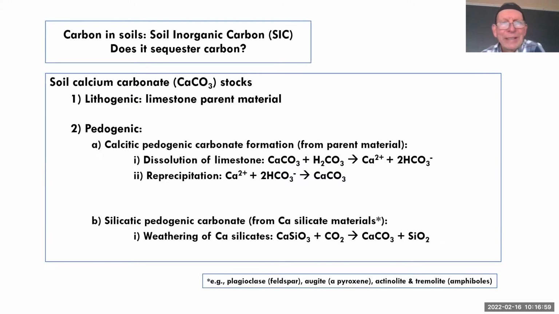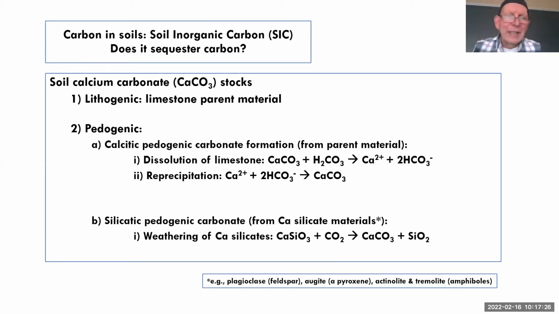Let's talk about soil inorganic carbon. That's usually not considered when we talk about carbon sequestration, but in some cases, it can actually sequester carbon. Calcium carbonate in soils can be divided into lithogenic, or calcium carbonate in the parent material, which is usually limestone, and pedogenic, or calcium carbonate that's formed in the soil.